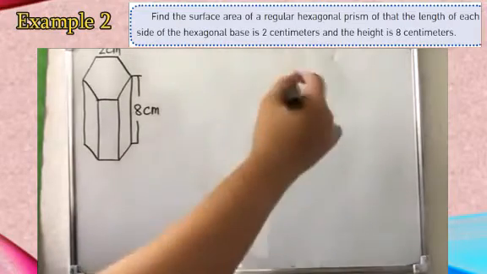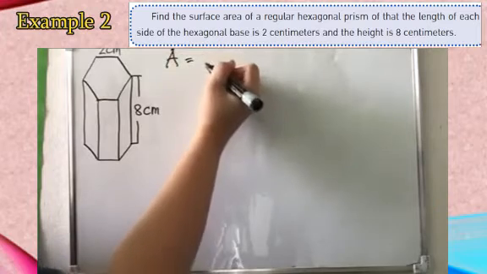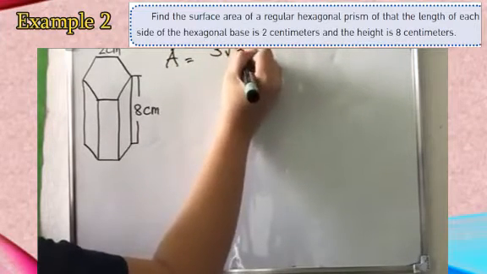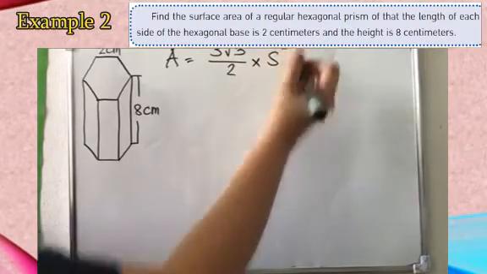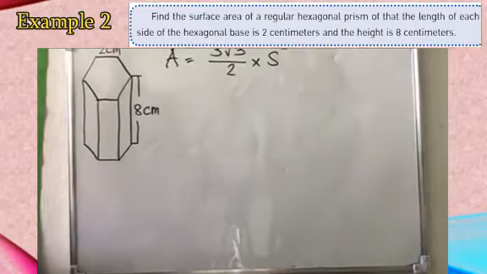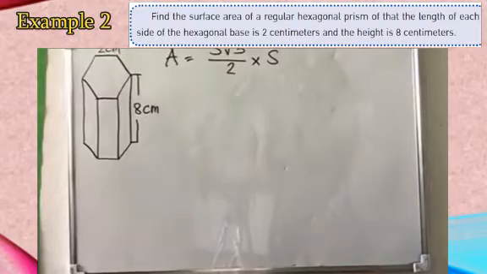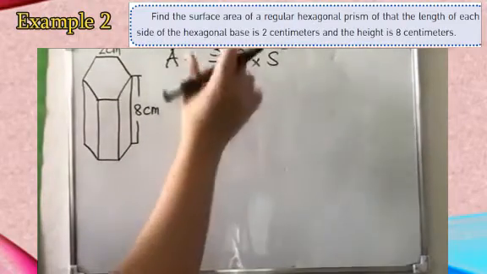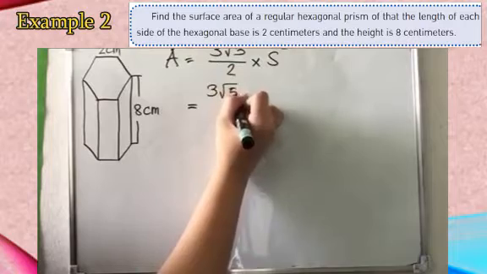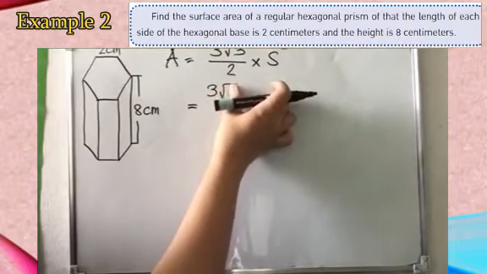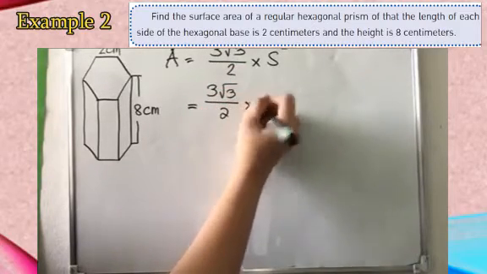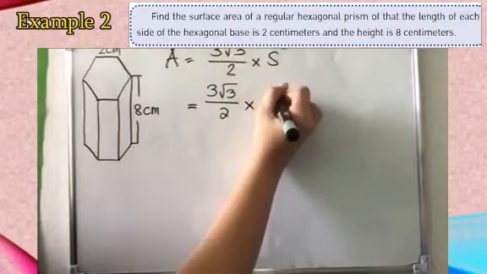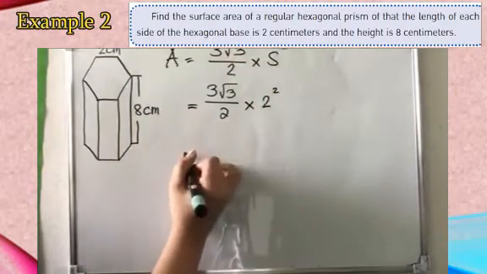The area of the hexagon is equal to 3 square root of 3 over 2 times the side squared.